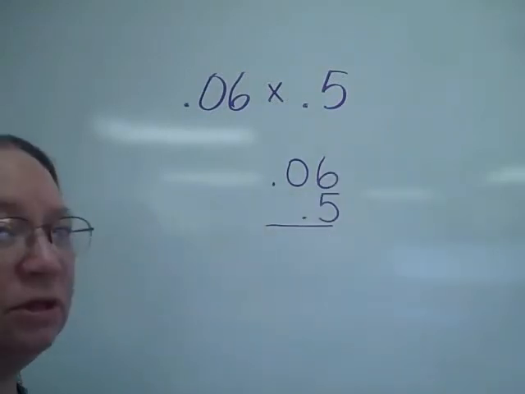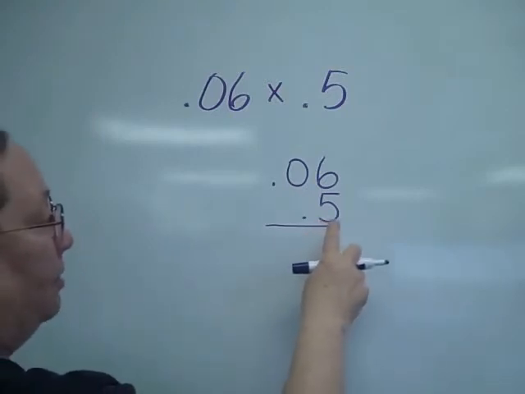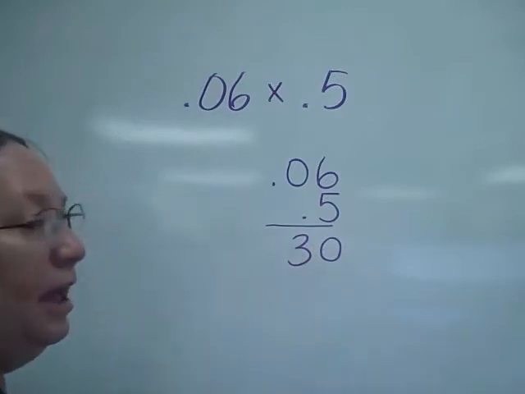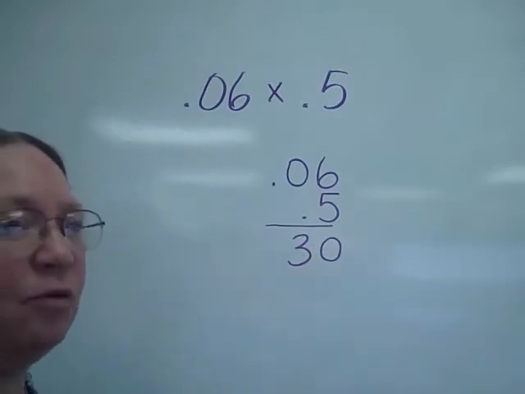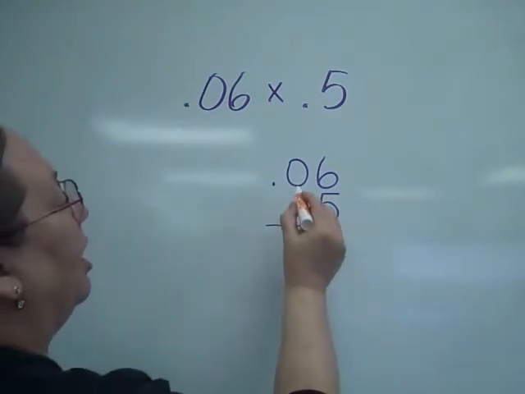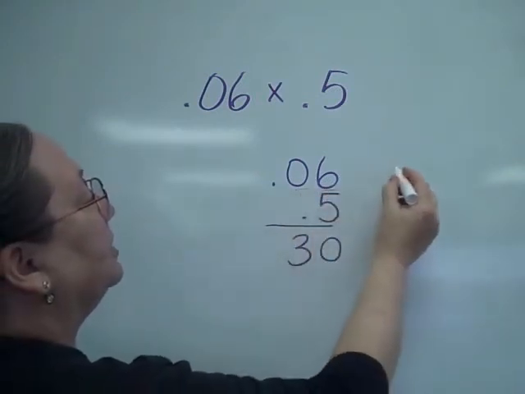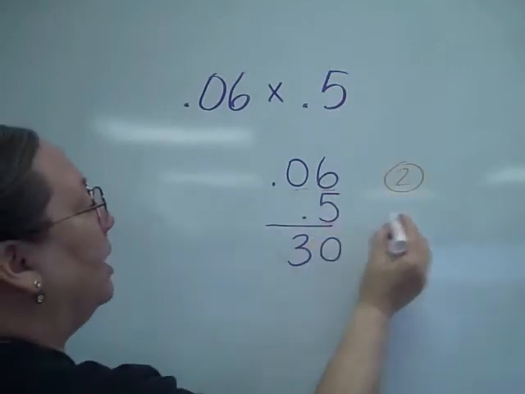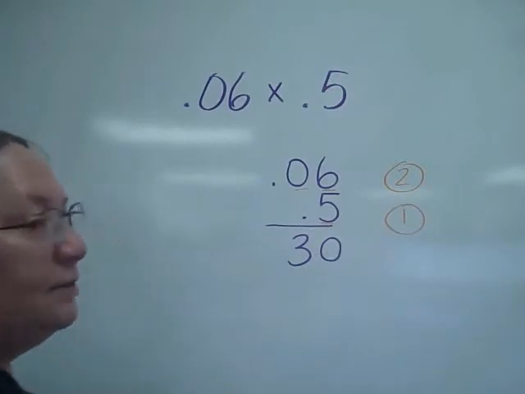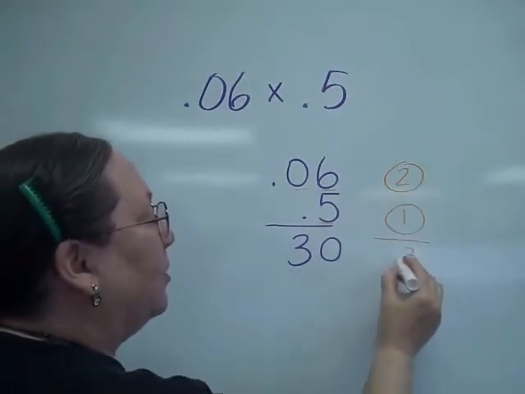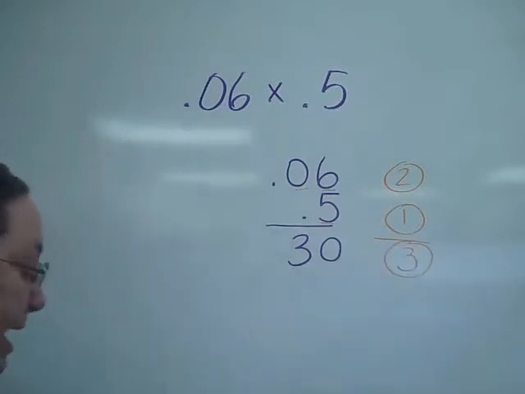When I go to multiply, I'm going to be multiplying the 6 times 5, which is 30, but now I have to account for the decimal points. Noticing right here, I have two numbers behind the decimal. Here I have one number behind the decimal, and when I add up the 2 and the 1, I get 3 digits behind the decimal.